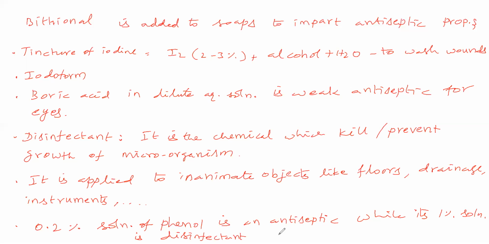So disinfectant in the sense 1% solution of phenol, antiseptic in the sense 0.2% solution of phenol. So 0.2% solution of phenol means antiseptic, but when the concentration is increased to 1%, it acts as a disinfectant.